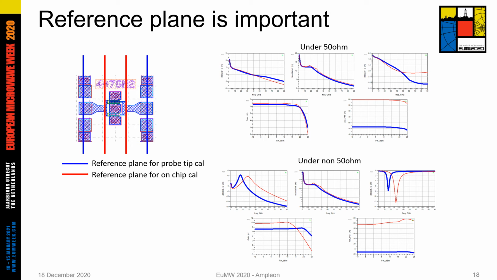This distance seems not big, but it can have a huge impact in millimeter wave, especially at higher frequency and under different loads. As you see here, under 50 ohm there is some difference, but it's not so visible. But as you go far from 50 ohm to a non-50 ohm condition, for example here a 10 ohm condition, you will see that they start to show totally different behavior.